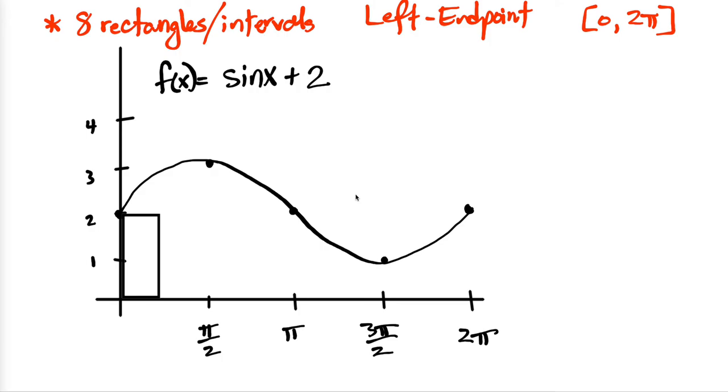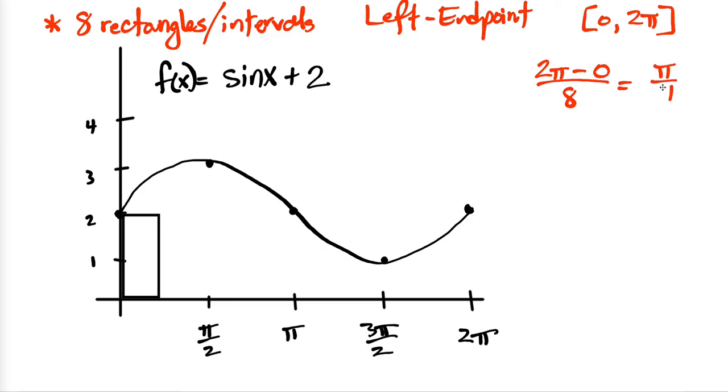Do you want me to go over how to figure out the width of the intervals when it's non-standard? Most of the time, it's not going to be a width of 1 or something easy. So if you want to figure out the width of each interval, you're going to have to take the length of your interval, so b minus a, and then divide by the number of intervals.